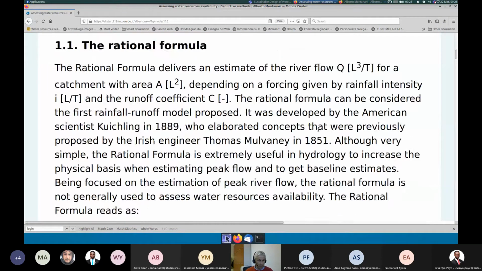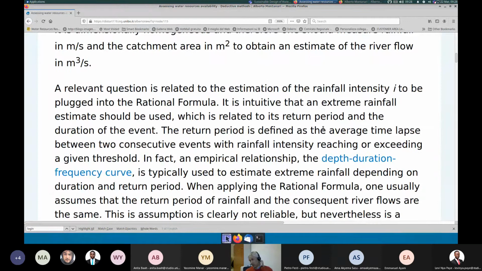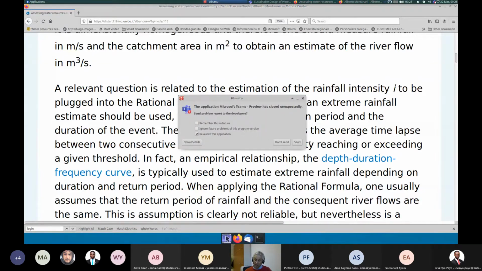And we talked about the rational formula, but we said that the rational formula is not really helpful in water resources management because it is mainly applied for the estimation of peak flow. In fact, we made an experiment of application of the rational formula. And if you go back to that experiment, you see that the rational formula is not providing a very good hydrograph.